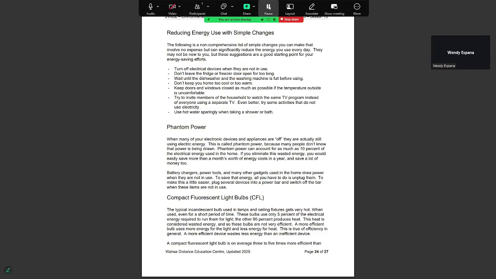Second one, don't leave the fridge or freezer door open for too long. We're going to get into this in another lesson, but what you're actually doing is letting the heat in. You're not so much letting the cold out as the heat's getting in, and then it has to make it cold again. And to make your fridge or freezer cold, it uses electricity.